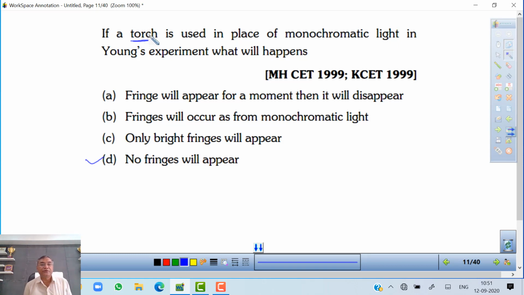It is not a coherent source, so if it is not a coherent source you will not see the fringes. So I think there are no fringes at all. See, if interference is taking place, it doesn't mean that you can see fringes. Fringes જોવા માટેની શરત છે: the sources must be monochromatic and coherent. Okay, then you can see it.